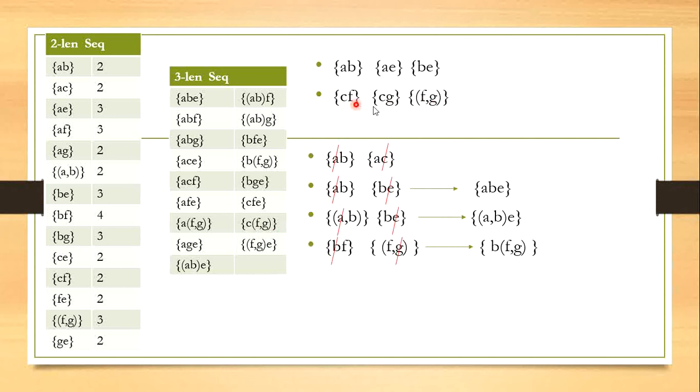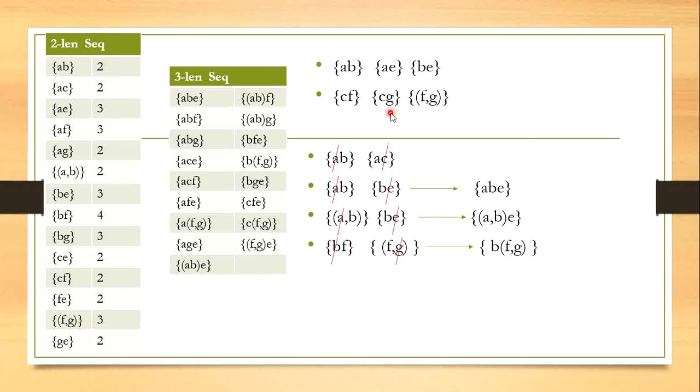So these are the 3 subsets, and you have to check whether all these 3 subsets are present in L2. If we check, CF is present and FG is present, but CG is not frequent.